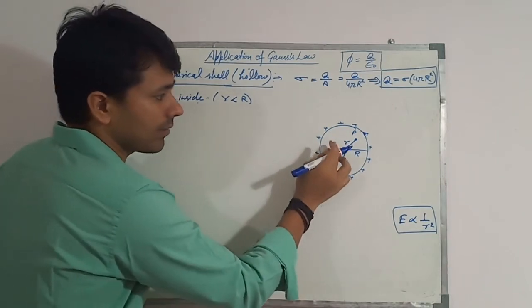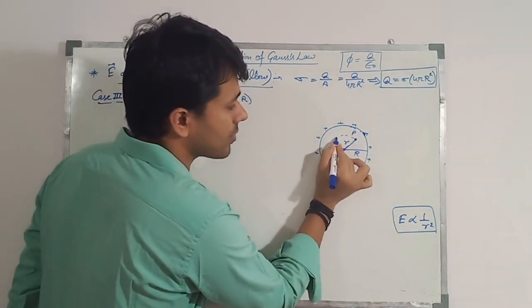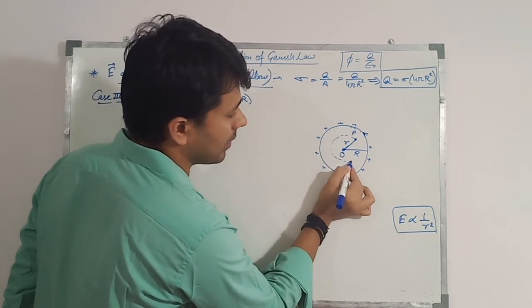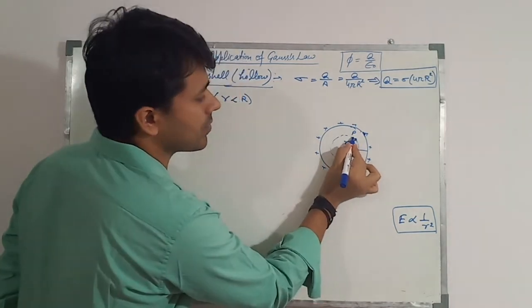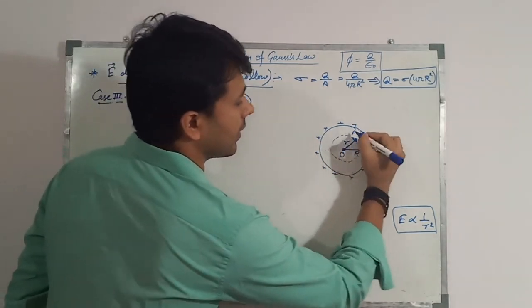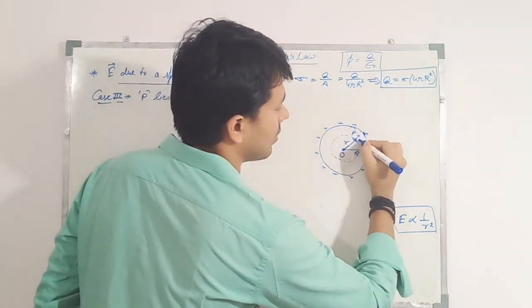Clear? Let's see. We have to draw a Gaussian surface. Okay, let's draw it. This is the Gaussian surface. This is a small surface, and the area vector on this surface is n.